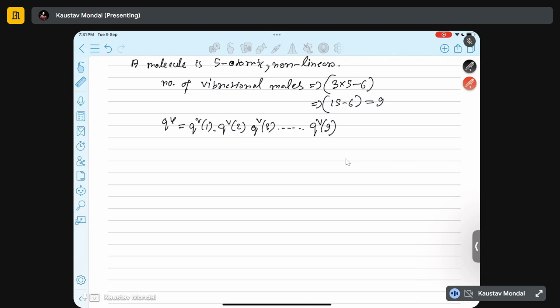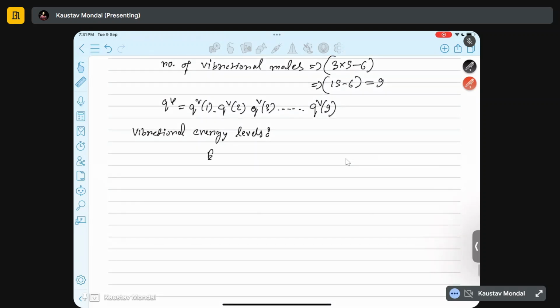Okay, so the vibrational energy levels are given by epsilon_nu equal to (nu plus half) h c nu tilde, where nu has values 0, 1, 2, and so on.